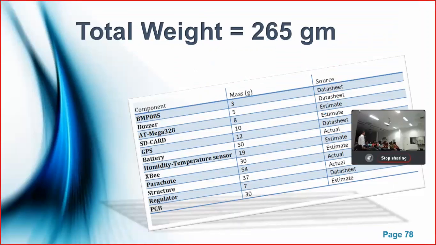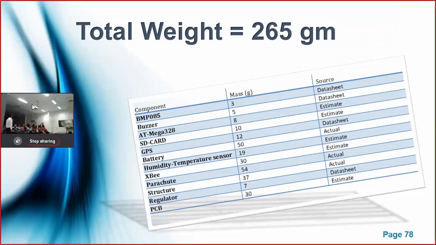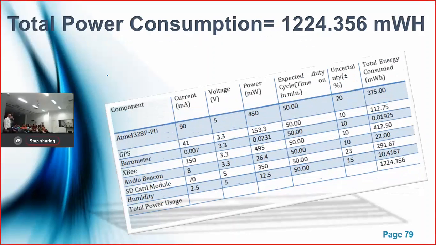Let's talk about one of our CANSATs, which is the Iran competition CANSAT. We have a total weight of 265 grams with all components. The structure is just 37 grams, which is so lightweight. Also, the total power consumption is just 1 ampere per hour or 1 watt per hour, which is suitable.